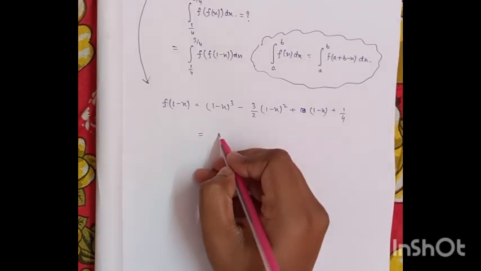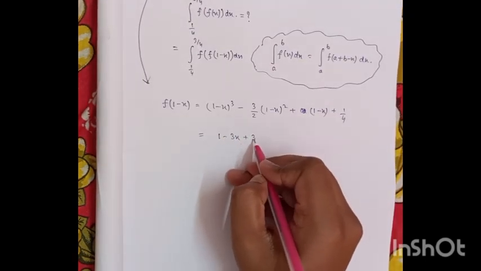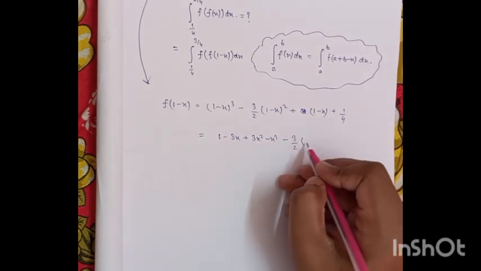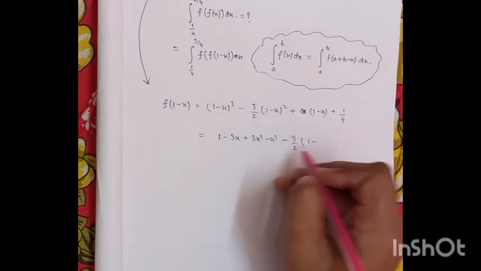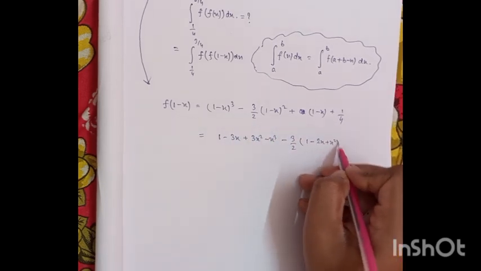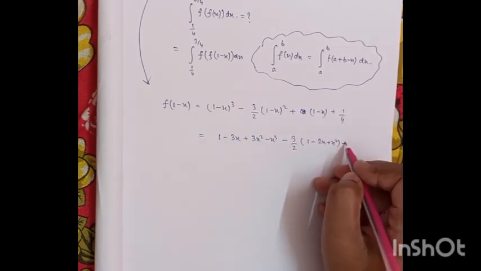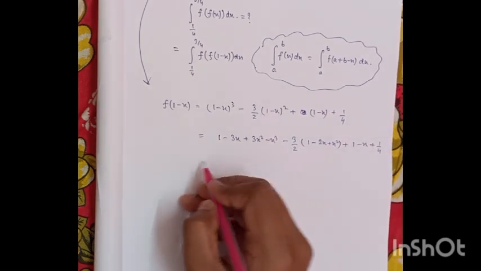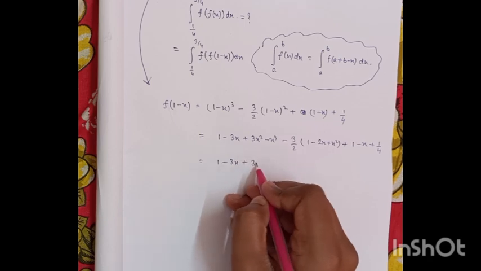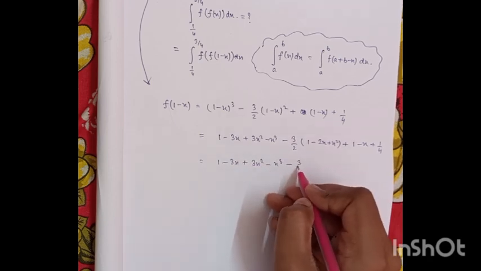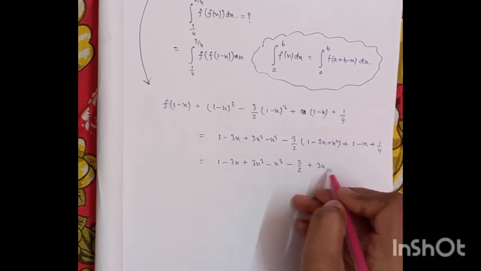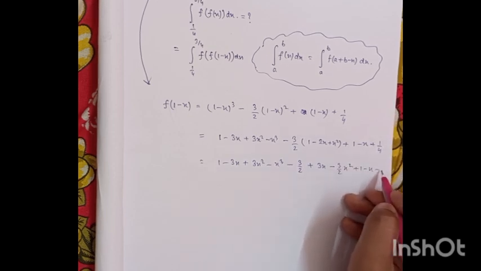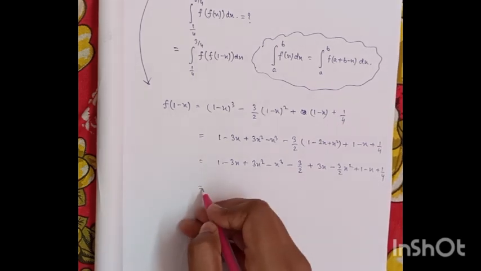This becomes 1 minus 3x plus 3x square minus x cube, minus 3 by 2 into, inside the bracket, 1 minus 2x plus x square, and then plus 1 minus x plus 1 over 4. This becomes 1 minus 3x plus 3x square minus x cube minus 3 by 2 plus 3x minus 3 by 2 x square plus 1 minus x plus 1 over 4.